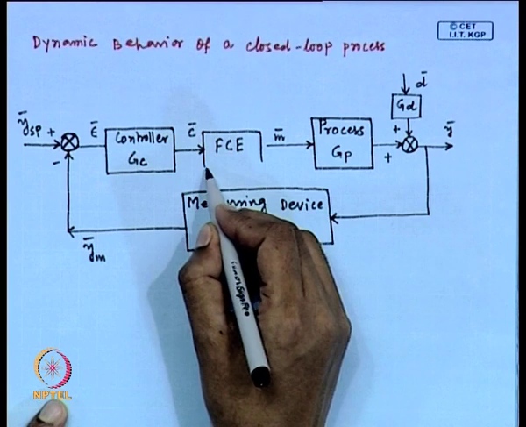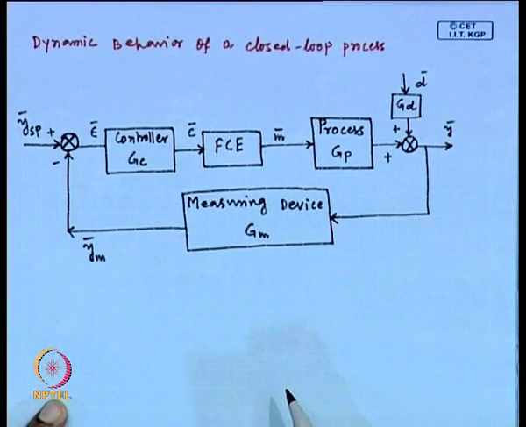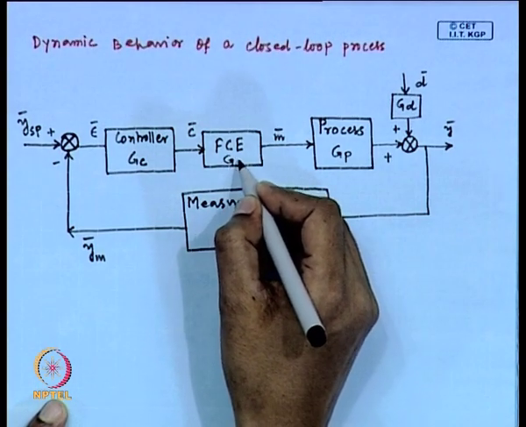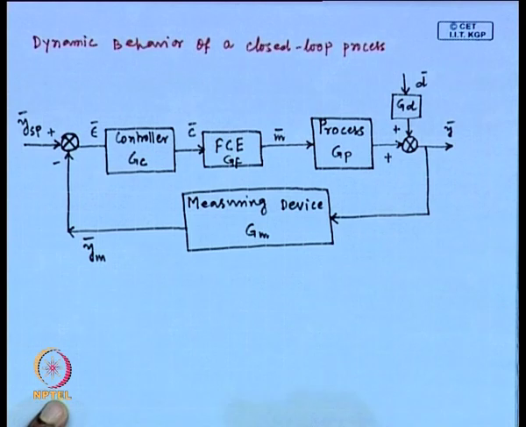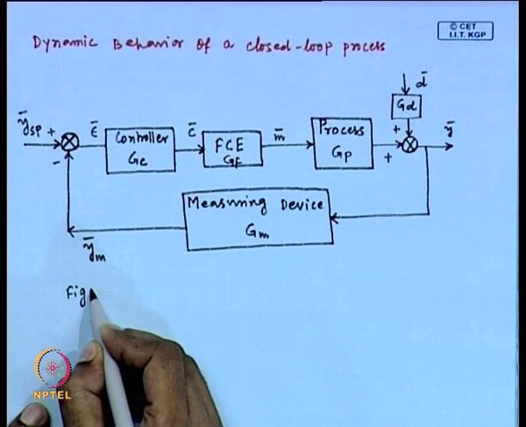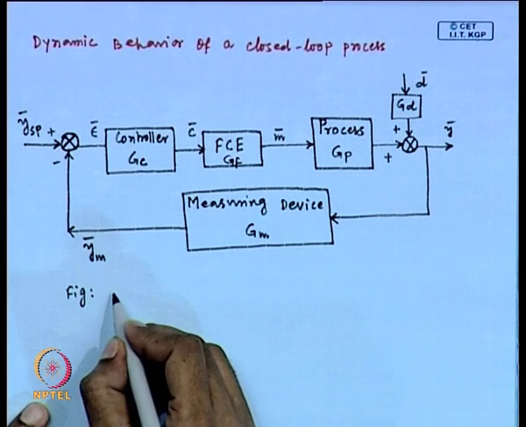The final control element has the transfer function of suppose z suffix f. So, this is the block diagram of a closed loop system.